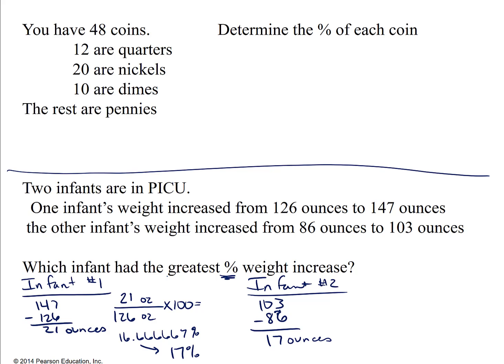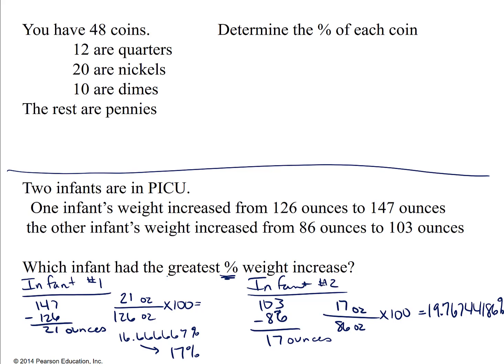What about the second one? I'm going to take 17 ounces and divide it by what? 86. Multiply that answer times 100. Gives me 19.7674418%.